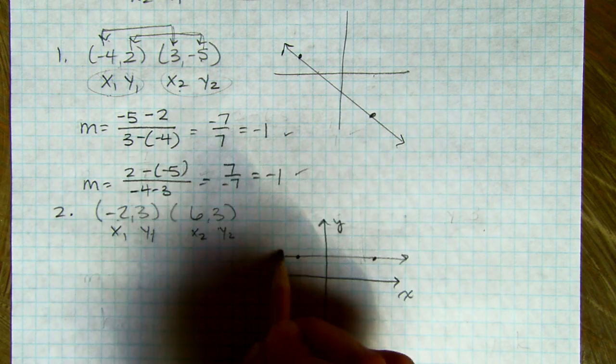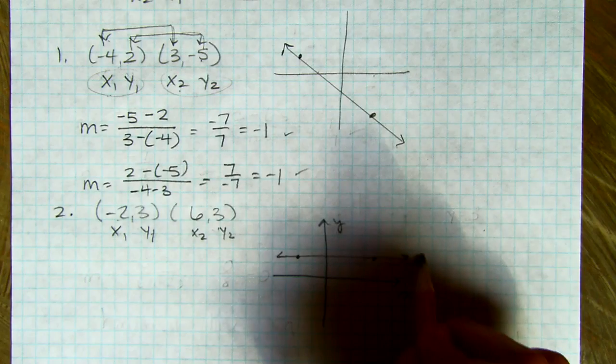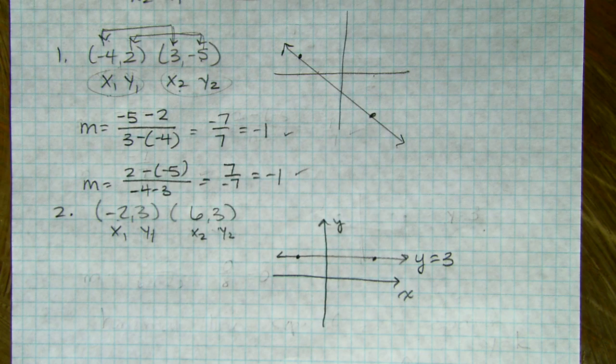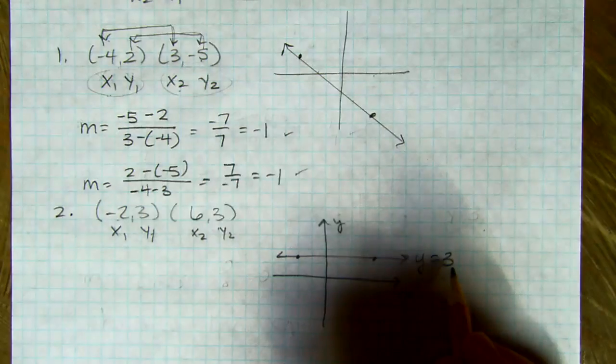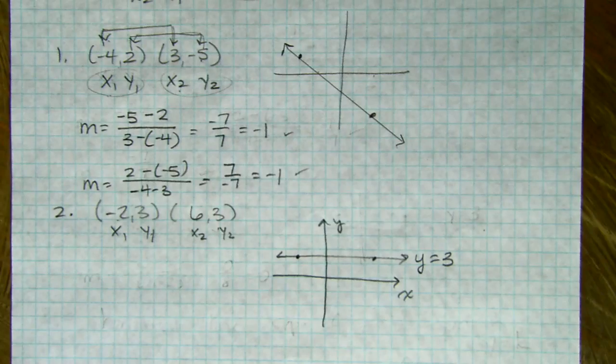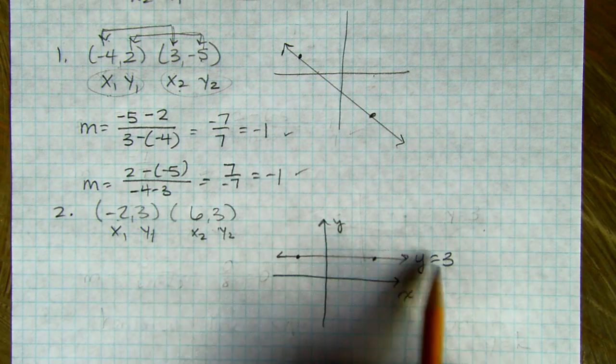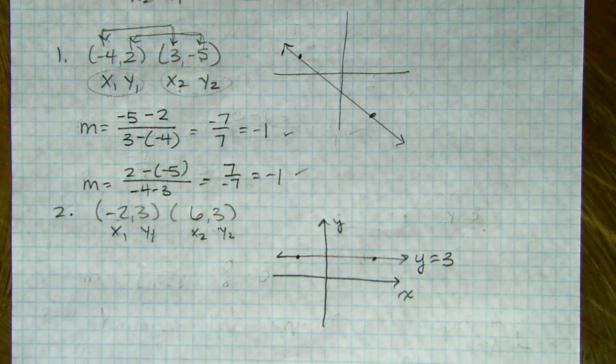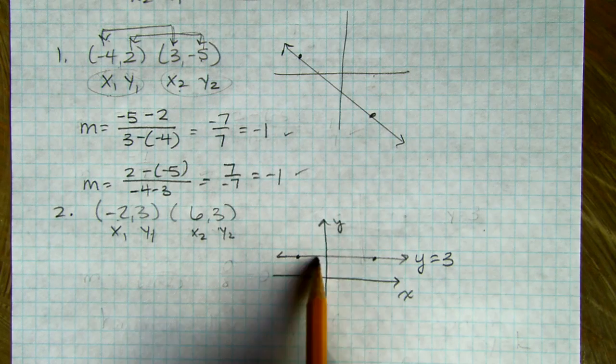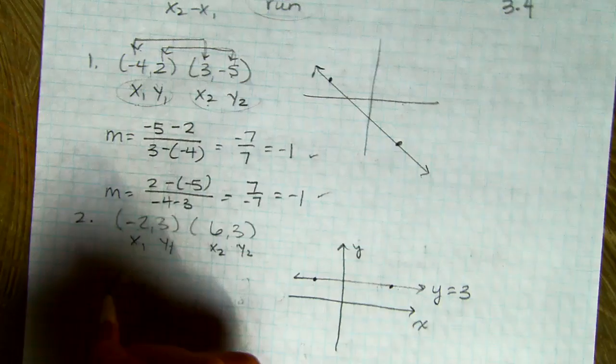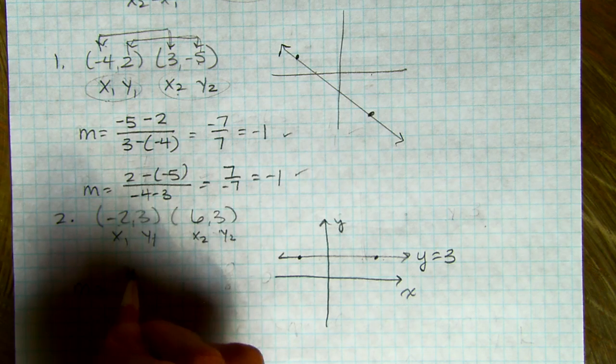What do I have? I have a horizontal line whose y value is not changing. So that equation is y equals some number. In this case, it's y equals 3. It's sort of counterintuitive that y equals something is a horizontal line, but notice that y is always 3, and that's what happens. What does the slope look like?